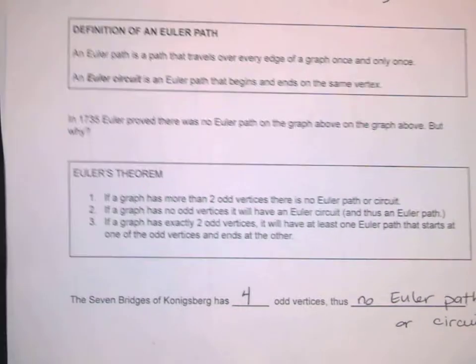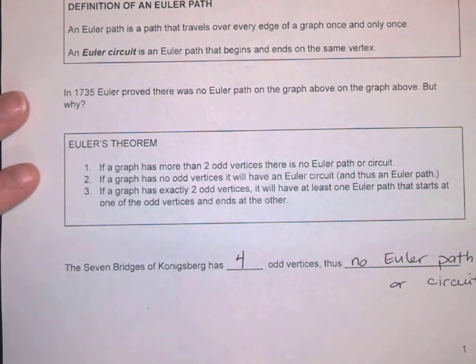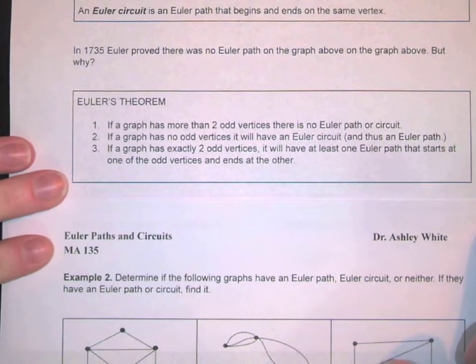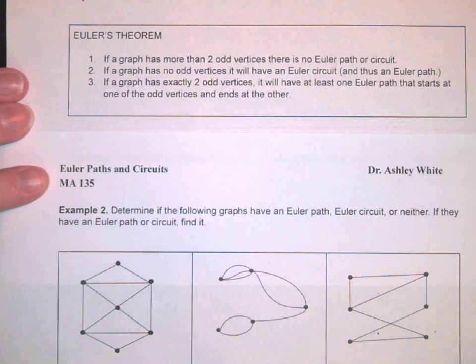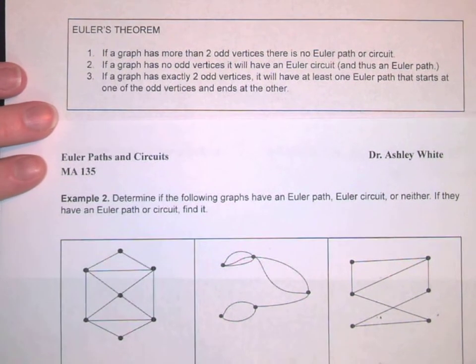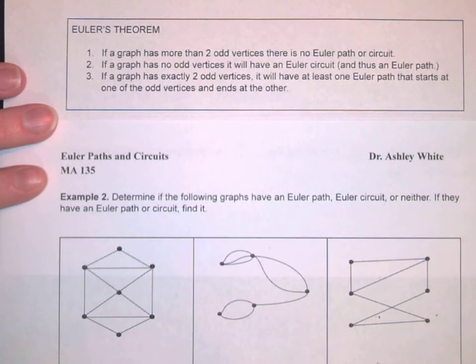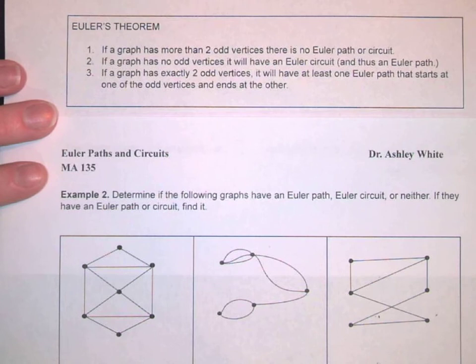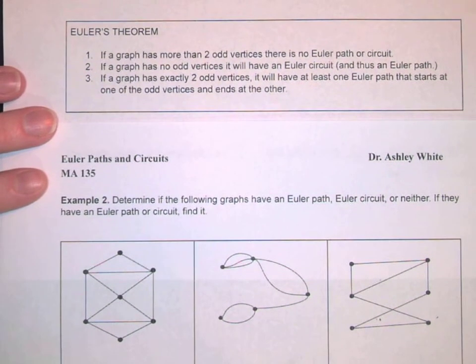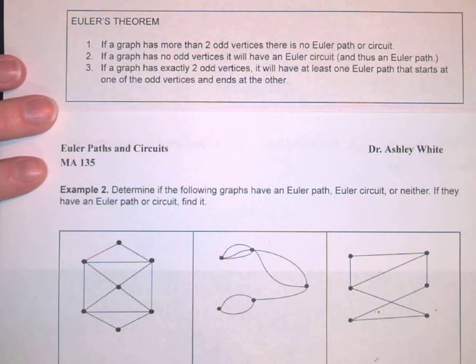So let's look at a few other graphs with the theorem in mind. We want to determine if the following graphs have an Euler path, an Euler circuit, or neither, and then find those if you can. So take a second now and pause your video.